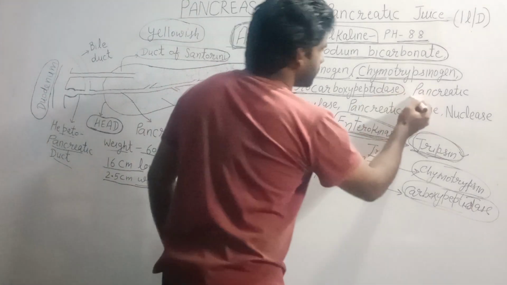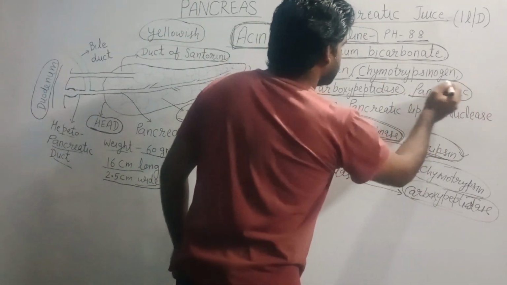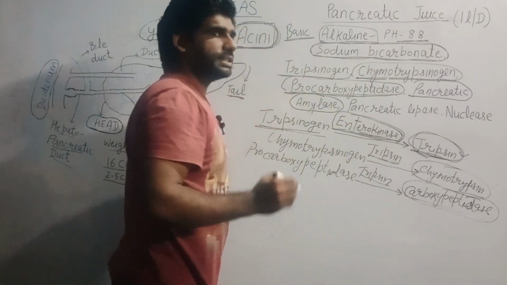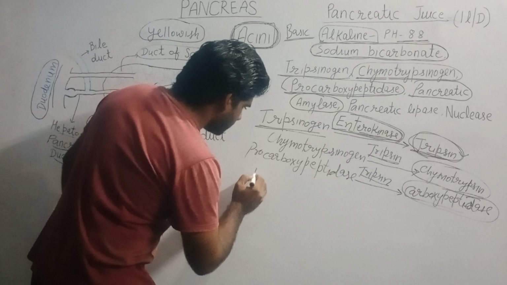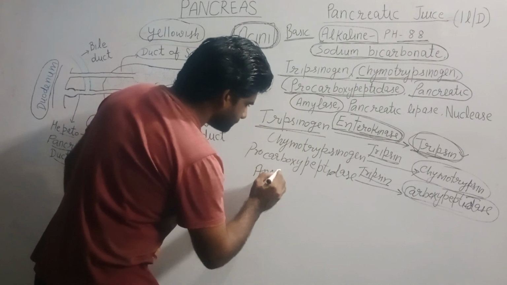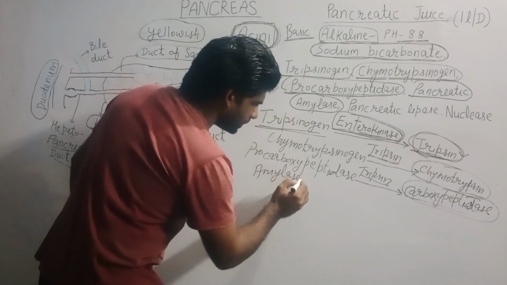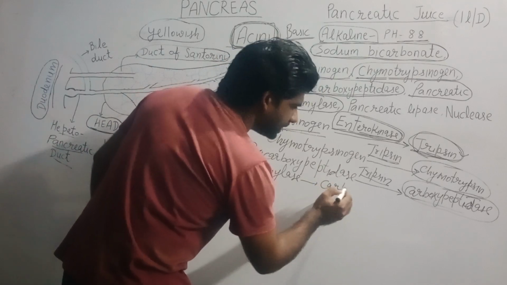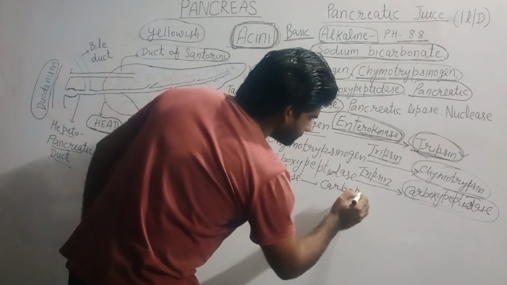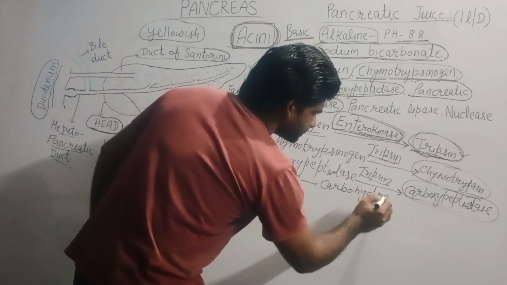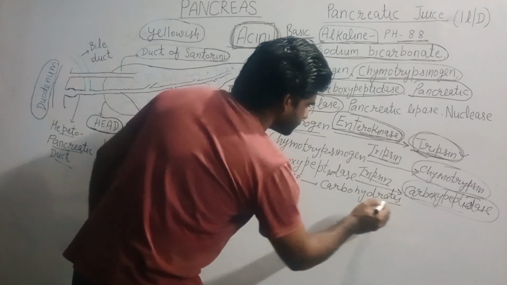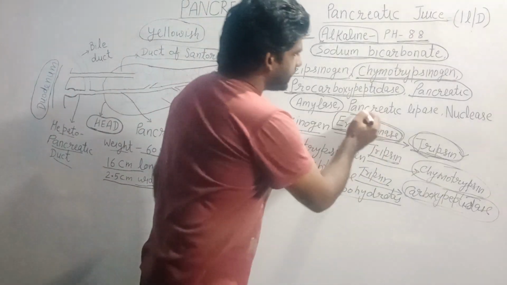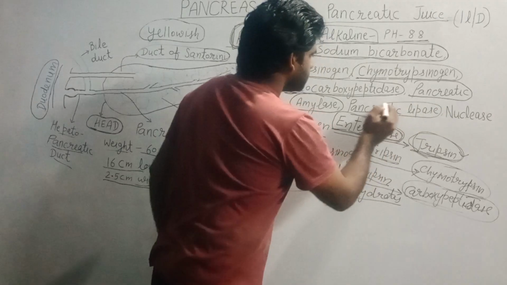Pancreatic juice also contains pancreatic amylase. This enzyme digests carbohydrates in their basic units. Pancreatic lipase is also present.